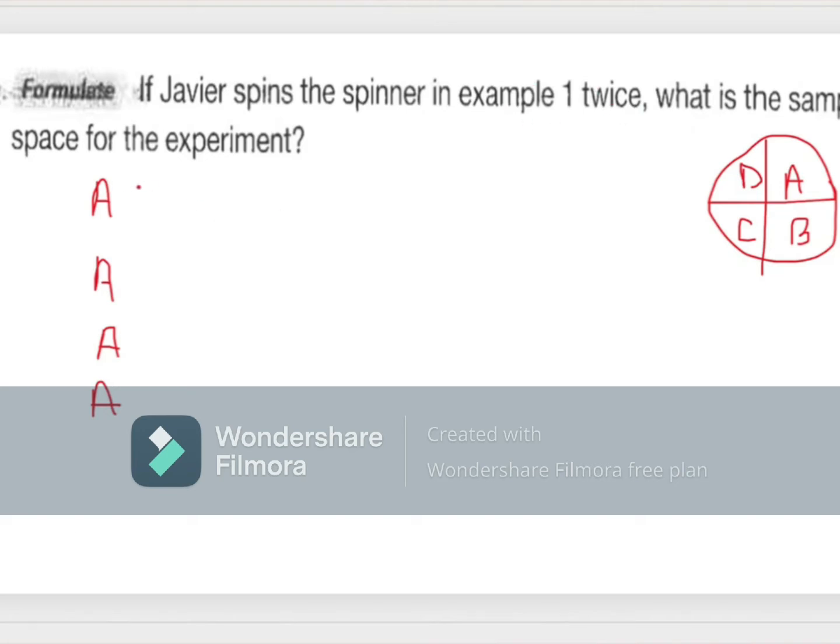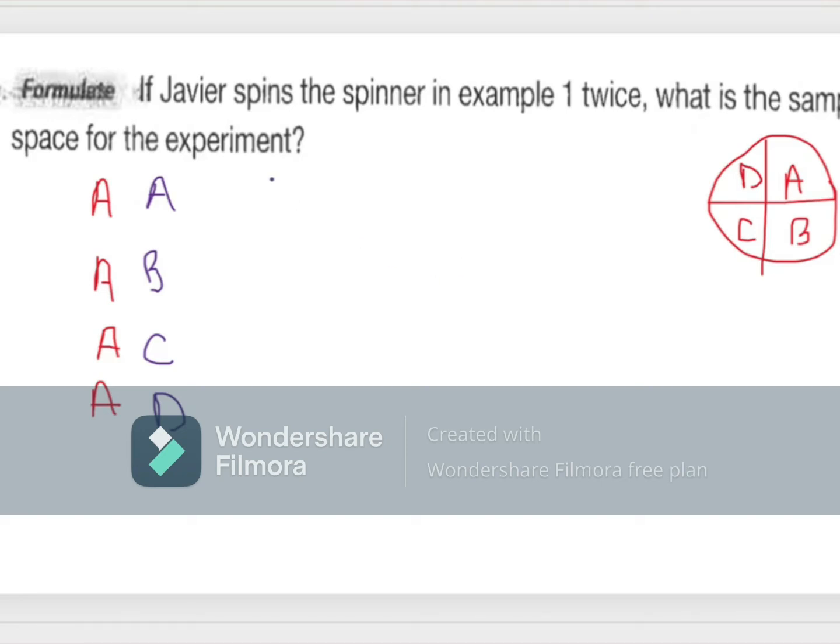We could have A, B, A, C, A, D. Okay, oops. We could have had an AA, couldn't we? I need to move those down one. We could have had an AA, an AB, an AC, and an AD. Okay, now those are all the possibilities with an A on the first spin.